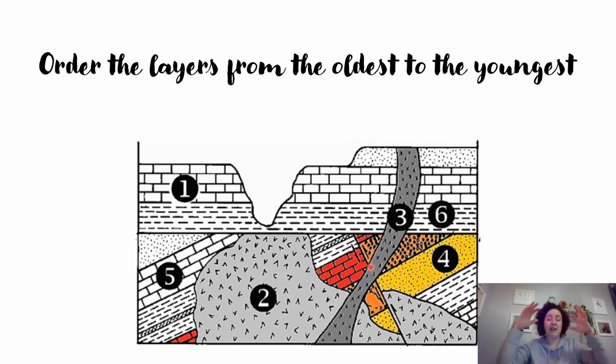Which one would be at the very bottom? Well, 2 cuts across 5, so 2 has to be younger than 5. And 3 cuts across 2, which means that 3 has to be younger than 2 and younger than 5. So I already know it needs to be 5, 2, 3 at least.